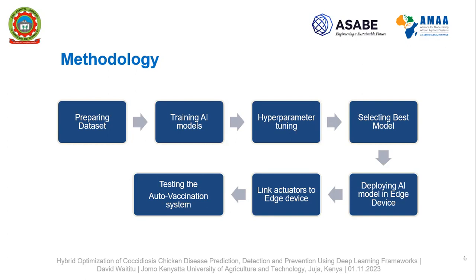I trained the model and tuned it to give the best parameters and the best accuracy. Because of the dynamics involved, we need the best model, as we are dealing with lives, so we selected the best model, deployed it in an edge device and did the testing.